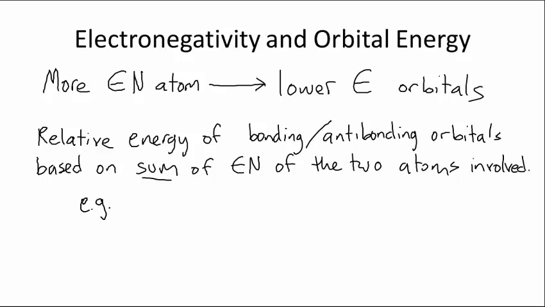So, for example, sigma CCl we said was lower energy than sigma CH.